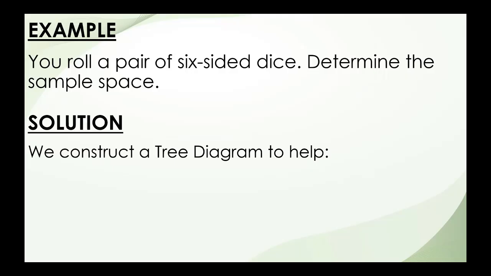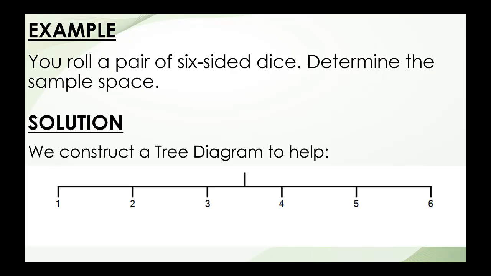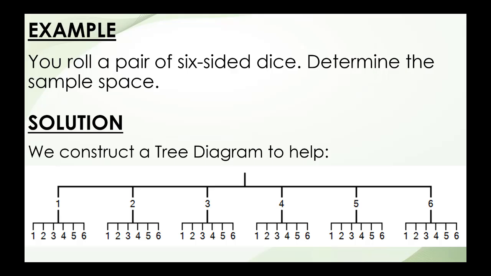So the first die could be 1, 2, 3, 4, 5, 6. But we don't know which one of those is going to come up on the first die. So the second die has to have branches for all 6 of its outcomes after each one of these. And so that's going to lead us to 36 different possible outcomes in our sample space.